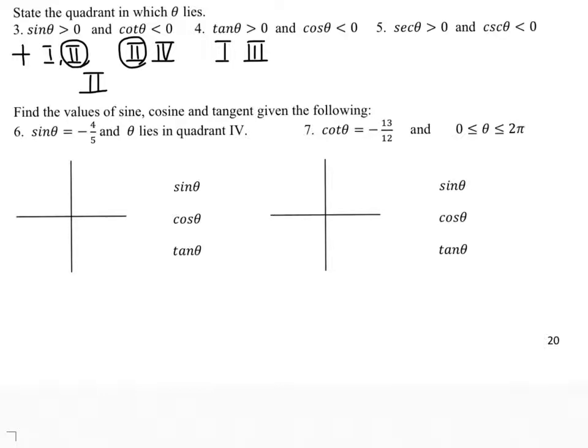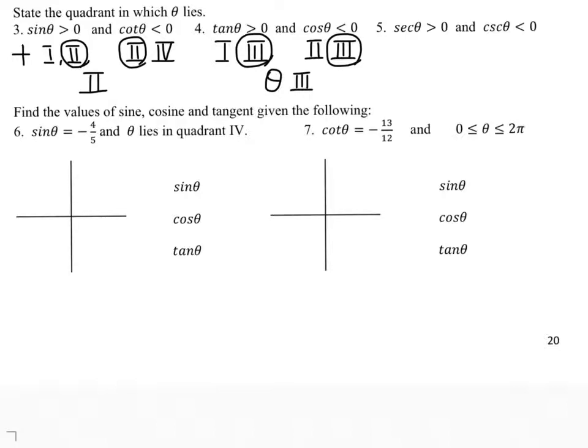Cosine is negative. Where will your cosine be negative? In order for cosine to be negative, it would have to be in the second or third quadrant. So which one satisfies both? Obviously it has to be the third quadrant. So theta is going to lie in the third quadrant.